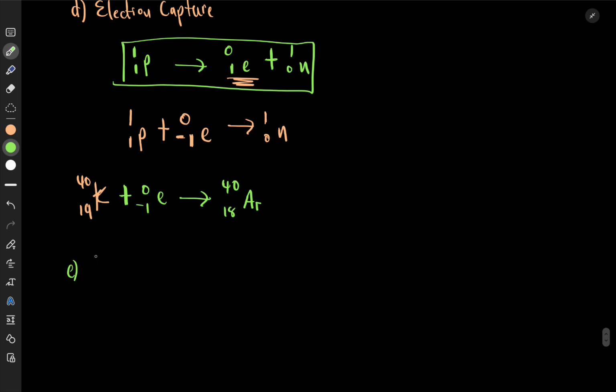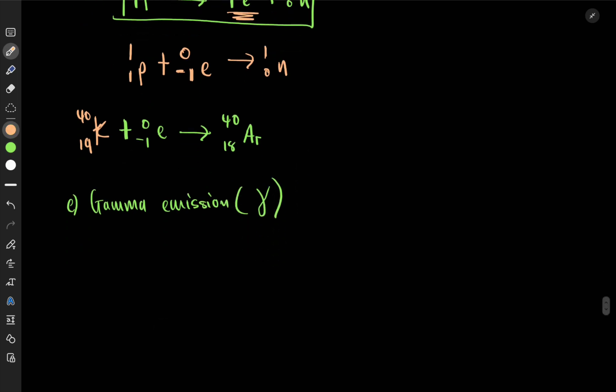Now, the last one is called gamma. So this would be our gamma emission. Remember, gamma is a ray, and this is the symbol. Gamma is 0, 0. It's just a ray, so we don't have any nuclear notation. What gamma does is, after alpha decay or beta decay has happened, the atom we get might still have too much energy.